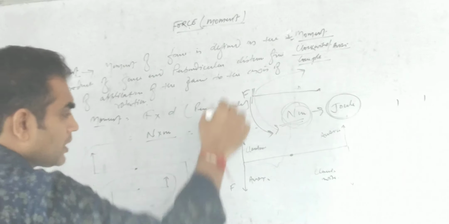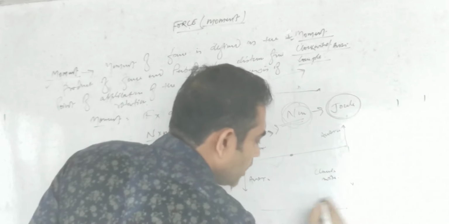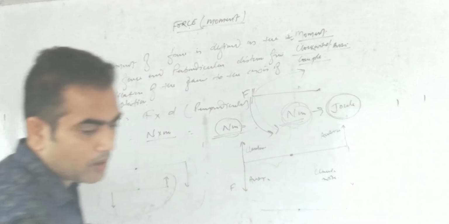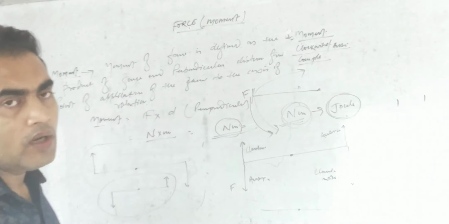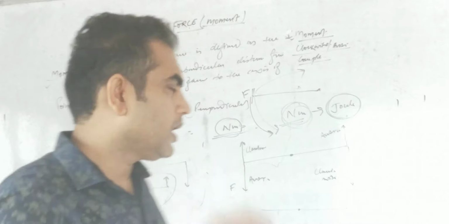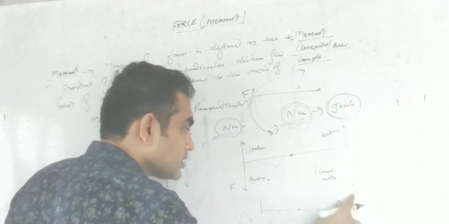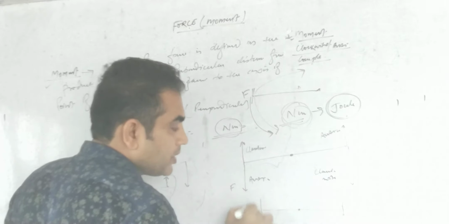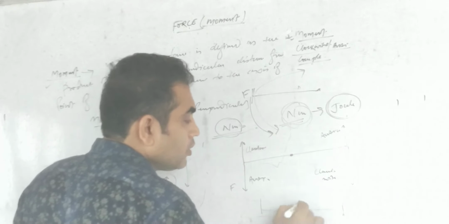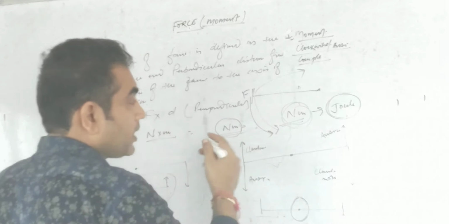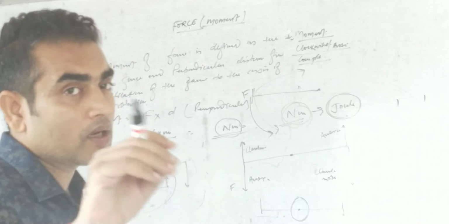Now couple. A couple is two equal and opposite forces. If we have two equal and opposite forces that are not acting along the same line, that is said to be a couple.